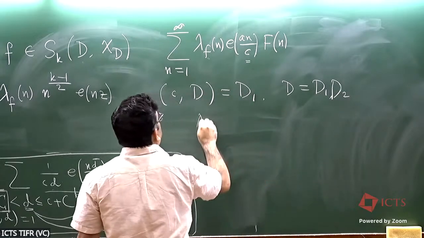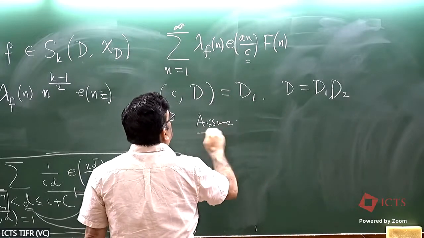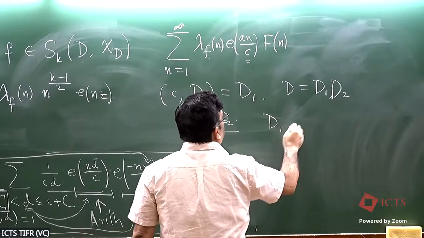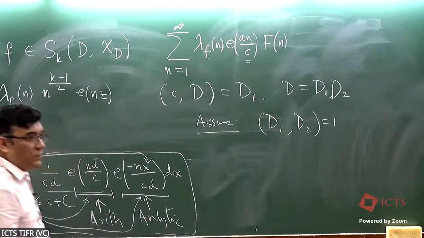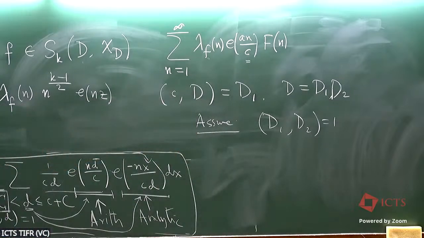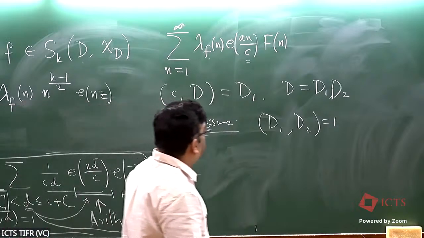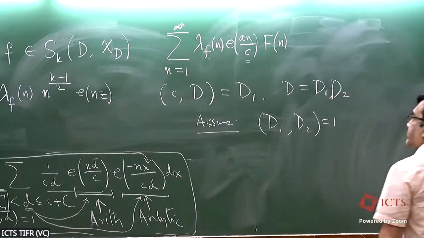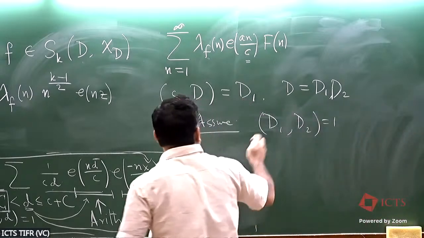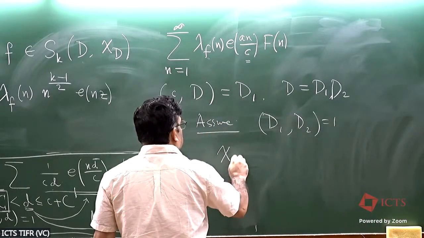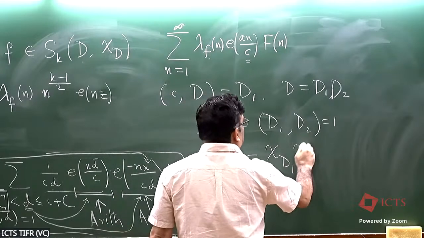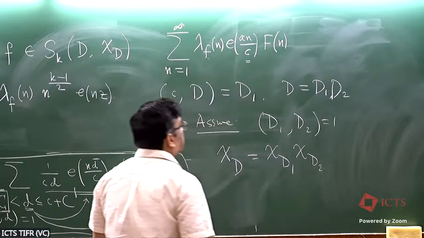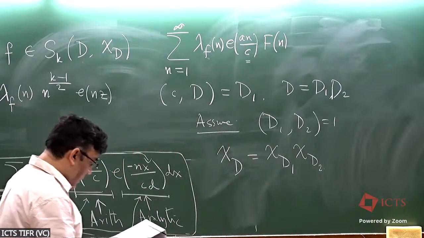Then we assume that D1 and D2 are coprime. Otherwise there is some problem while writing down the Voronoi summation formula. It's still possible, but a little messy. If we assume that, then of course the nebentypus will split as a part modulo D1 and a part modulo D2.